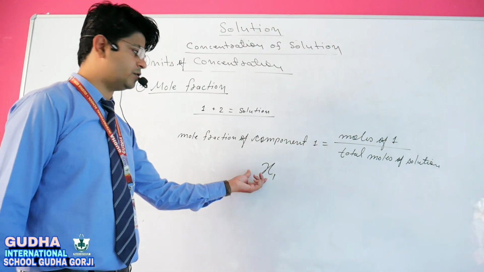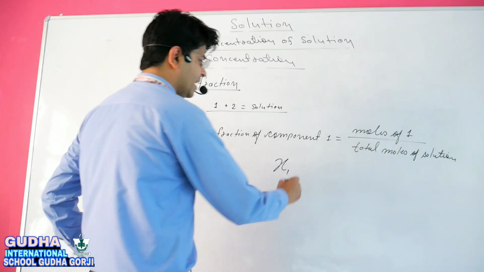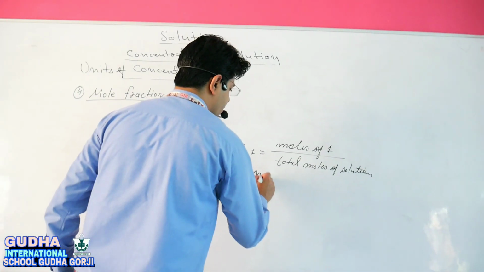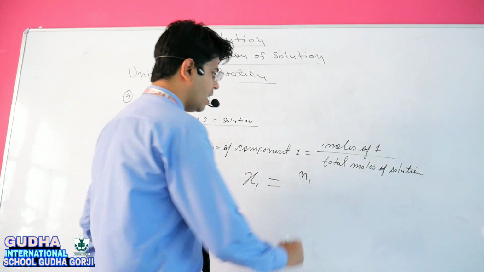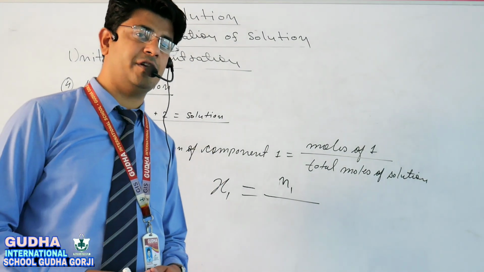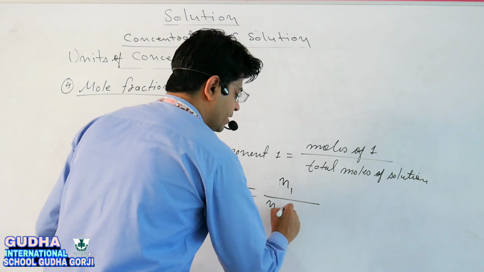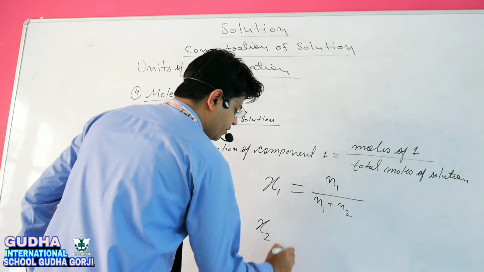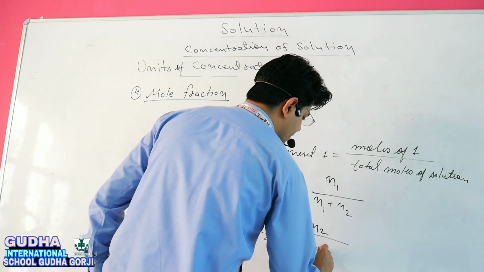So here x represents the mole fraction. The x1, mole fraction of component 1, equals the mole of 1, mole being represented by n, upon total moles in the solution. As you know that in the solution there are two components, 1 and 2. So here I will write the mole of 1 plus mole of 2. Similarly, the mole fraction of 2 equals the mole of 2 upon mole of 1 plus mole of 2.